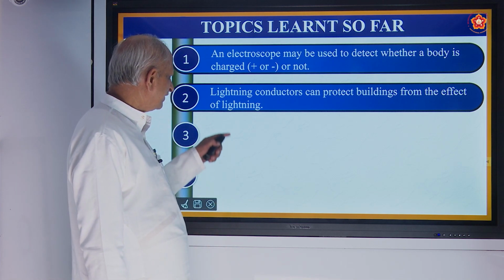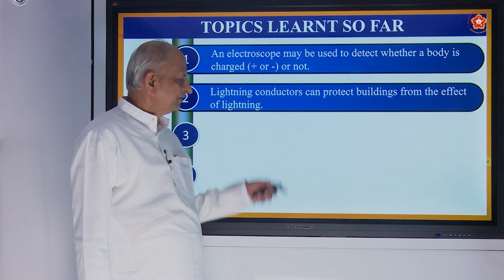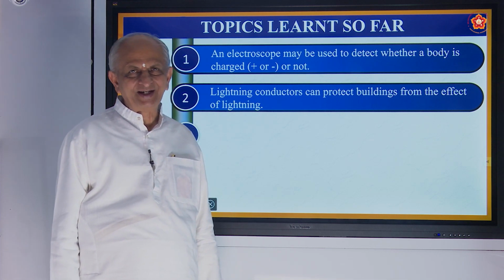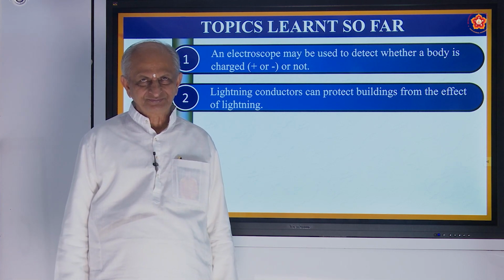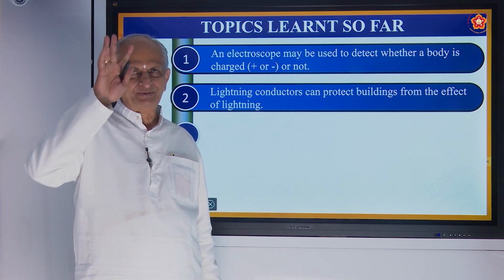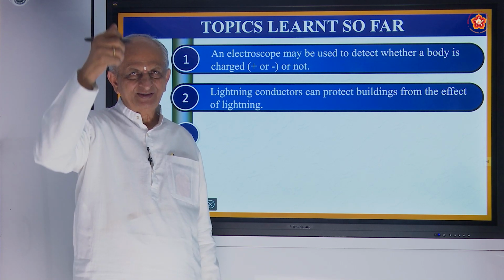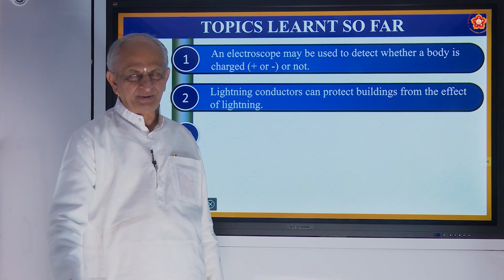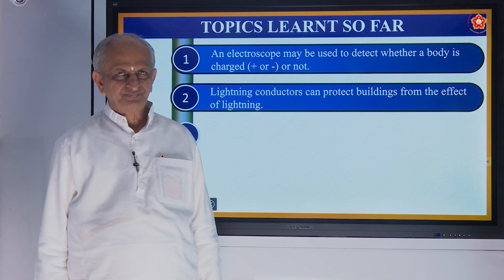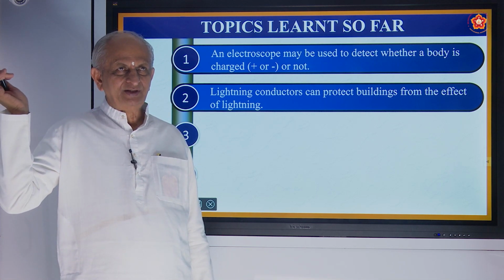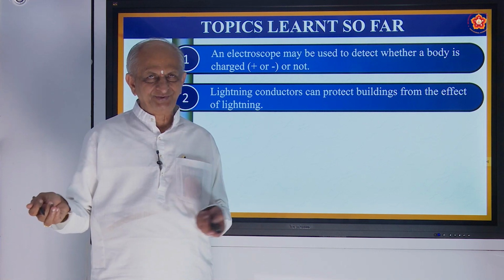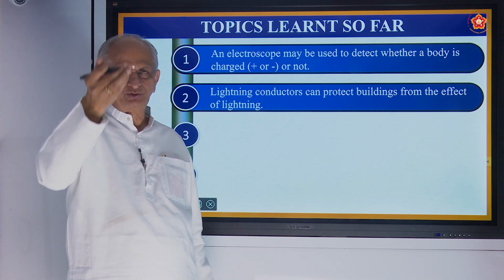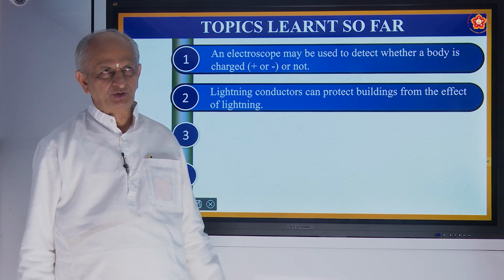So, what they do for that? They will have what is called a lightning conductor, which we studied in the previous class. There will be a copper plate, there will be spikes at the end, and this copper plate is connected to the earth. So any attack of the lightning or any excess of charges will be passed on to the earth. So a building will be safe.